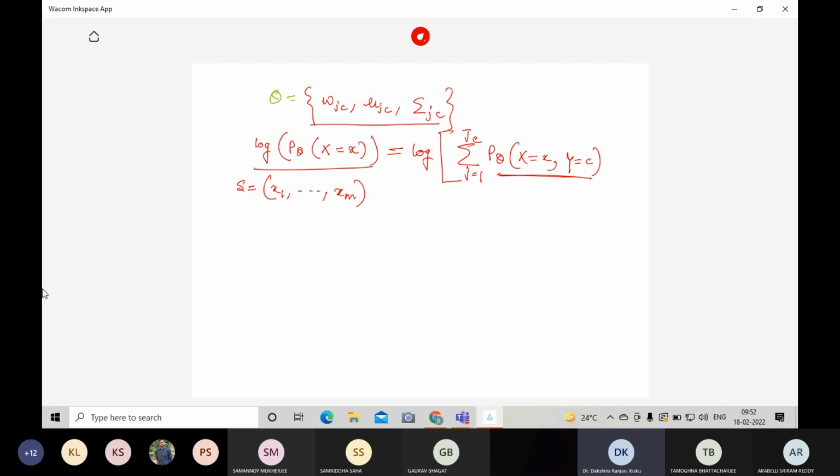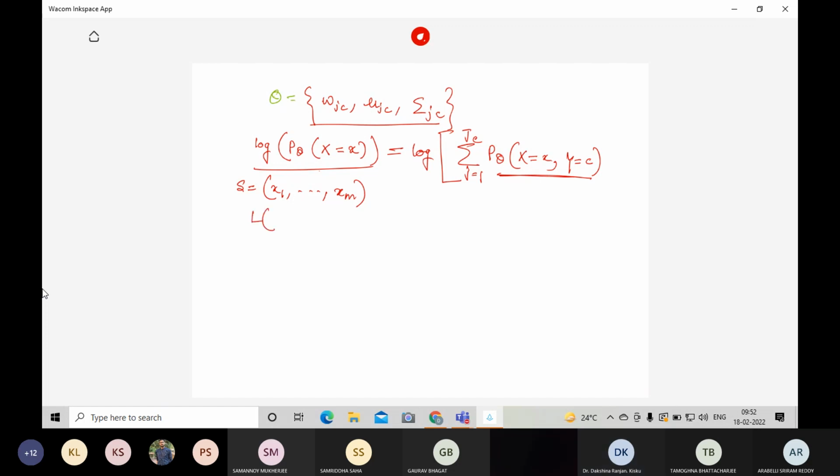Now we would like to find the theta that maximizes the log likelihood of S. Since we are interested in the maximum likelihood of a class of feature vectors, after maximizing this log likelihood function we can estimate the model parameters theta, by which we get the maximum likelihood of a class of feature vectors.